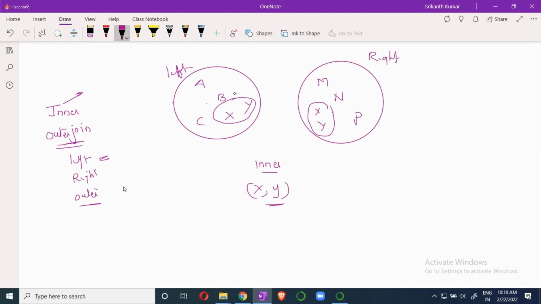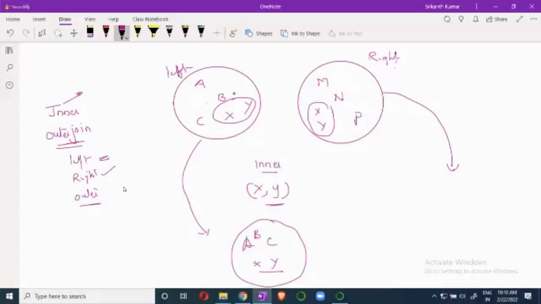It will take all the values from the left data frame, that is A, B and C, and only the values which are matching in the right data frame, that is X comma Y. Right outer join means it will take all the values from the right data frame, that is M, N and P, and only the values which are commonly available, X, Y.